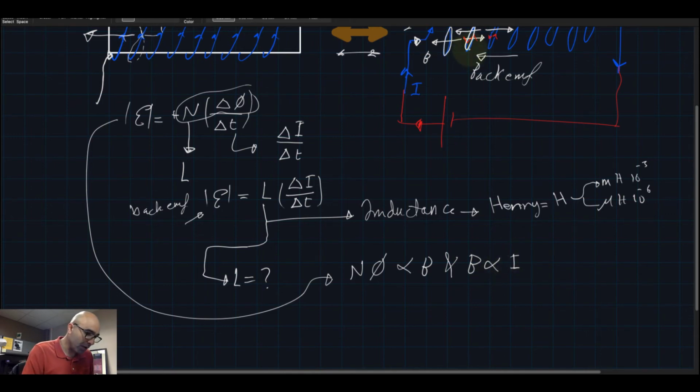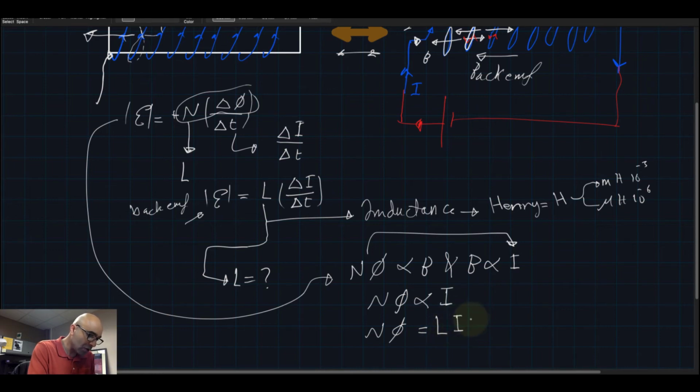Then n phi is proportional to I. If it's proportional to I, we can change the proportionality into an equal sign, and when we do that, that will be L, which is the inductance, times I. So if I want to write this equation in a better form, I should say that L is equal to N delta phi over delta I.